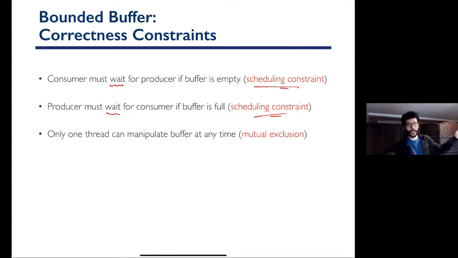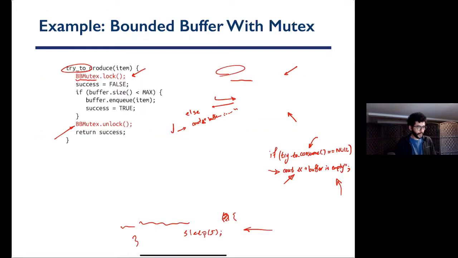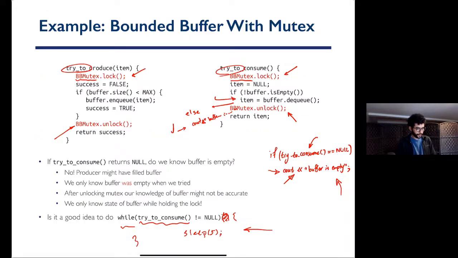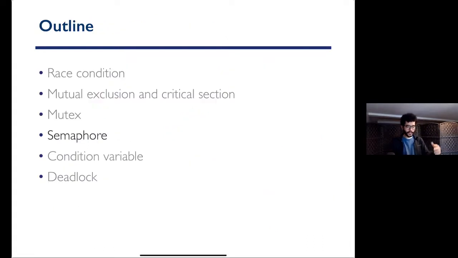That's why we have this try to consume and try to produce. Mutex only gives us this mutual exclusion. For these two, we need other synchronization objects. So that will be the next thing that we're going to see. Okay, so that's a segue for us to now start talking about semaphores.